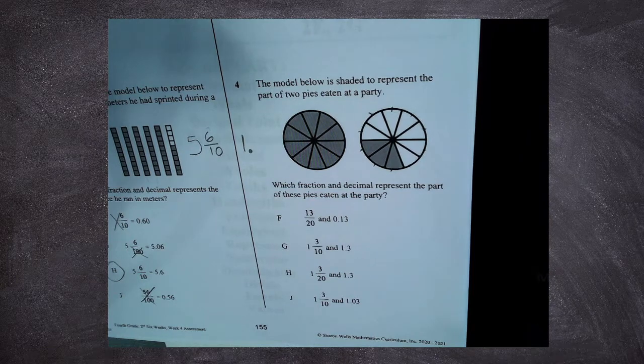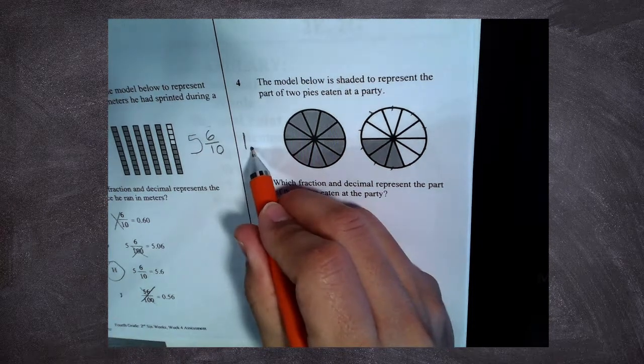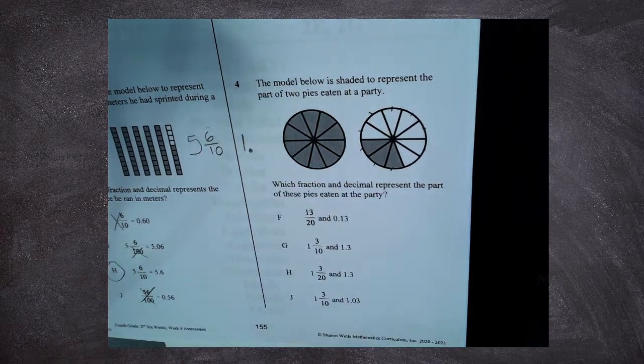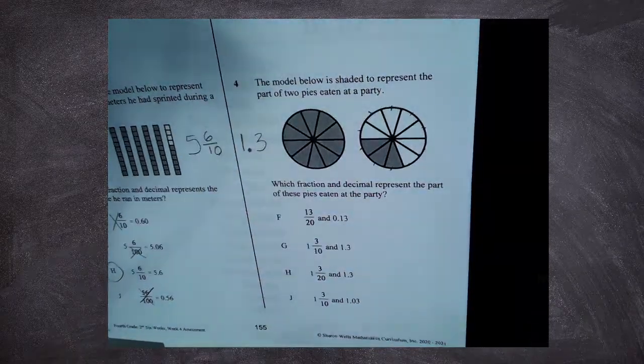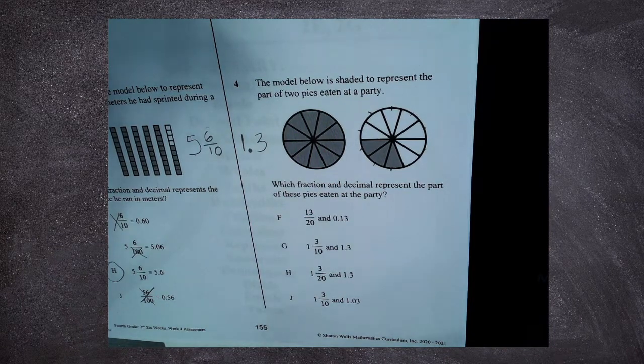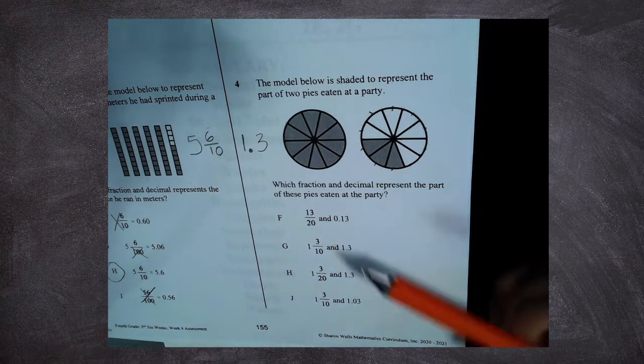Alexa? 3. So what should I write after my decimal, Alexa? A 3. 1.3. There's my decimal that shows me how much of the pie they've eaten.